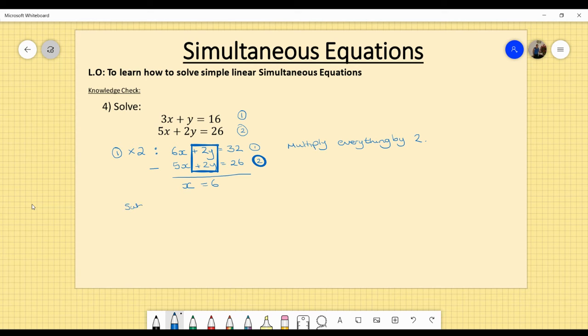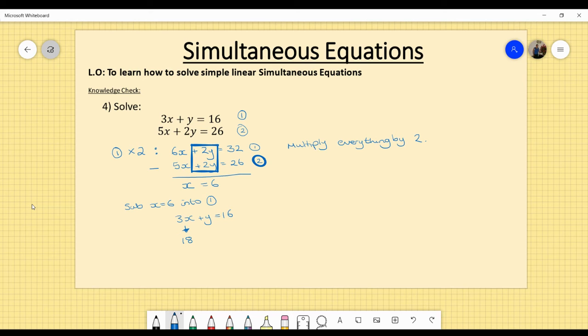I then want to substitute my x equals 6 into one of the two original equations. And again, just think about which one's the easiest. I'm going to go with number 1 in this case because I've only got a single y to deal with. So I'm going to pop it into equation 1. So it was 3x plus y equals 16. X is worth 6, so 3x is 3 times 6.